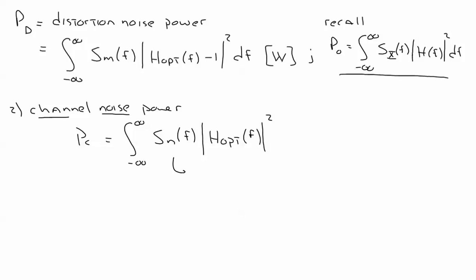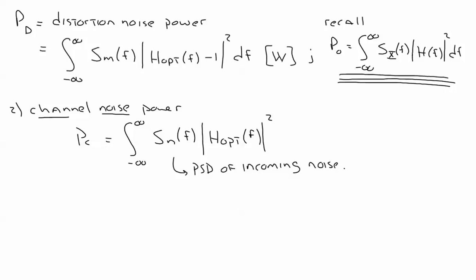And this is the power spectral density of the incoming noise. Once again, I've applied this relationship. Okay? All right, so the total noise is the distortion noise power plus the channel noise power.